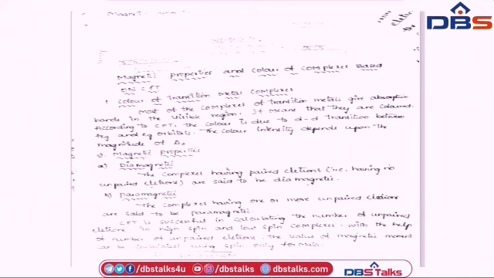Most of the complexes of transition metals give absorption bands in the visible region, which means that they are colored.